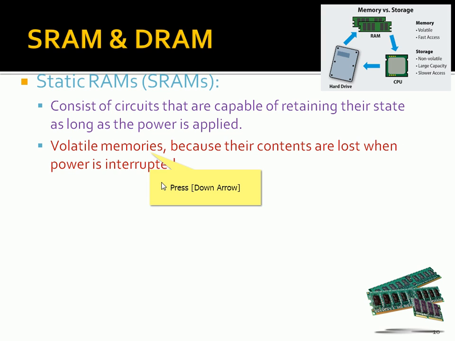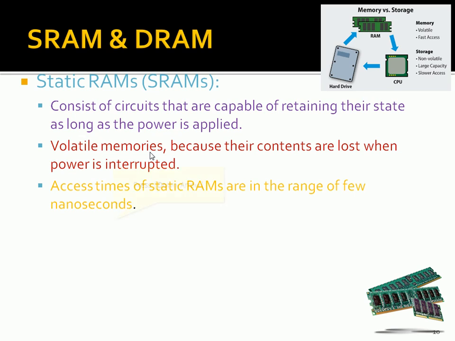So static memory is volatile with fast access, and continuous power supply is required. Dynamic random access memory has large capacity, but it is slower, right? Let us see in detail.